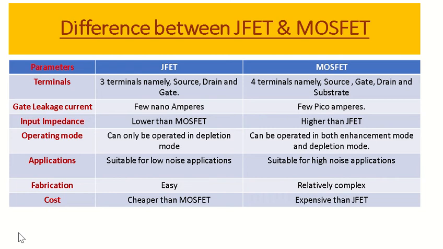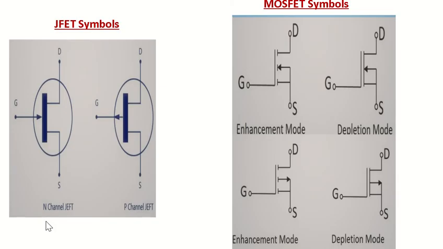Then coming to the symbol, it is very important to understand the symbol of JFET as well as MOSFET. Here the JFET symbol is on the left side, and the MOSFET symbol is on the right side. The JFET symbols come in N channel and P channel. For the N channel JFET, it has these 3 terminals.